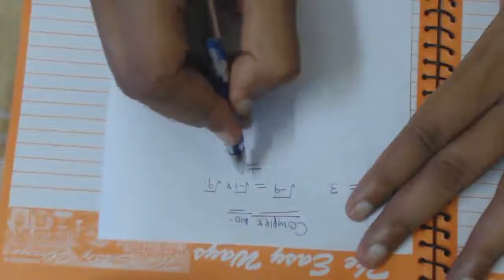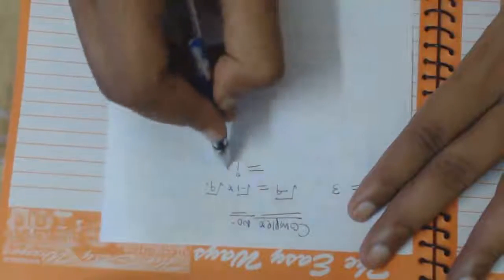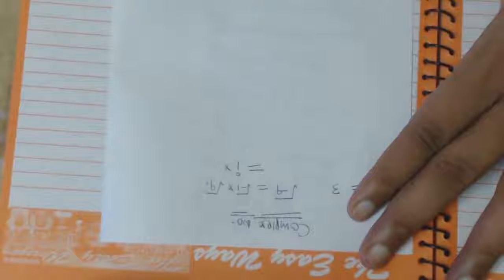This root minus 1 is taken as iota because we don't know any value of root minus 1. We never know the square root of any negative number. So for all square roots of negative numbers, we separate the minus 1 from them, and that square root of minus 1, I call iota.